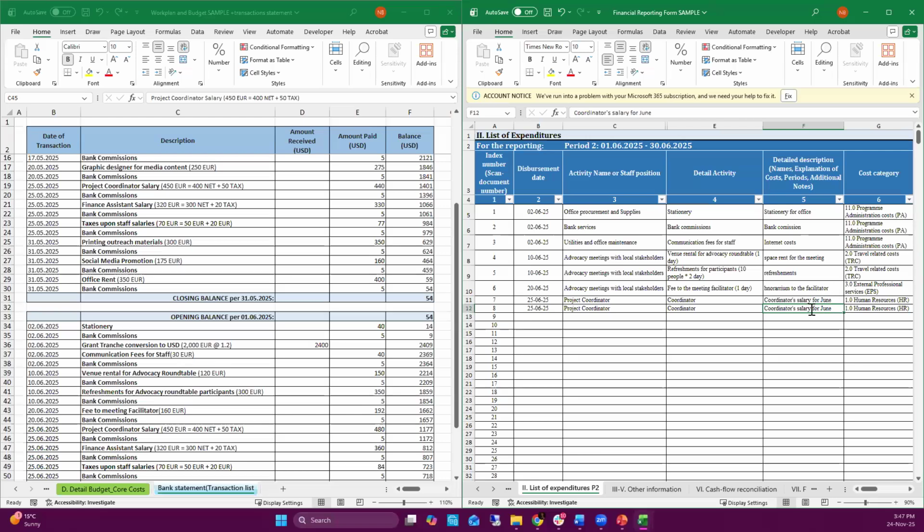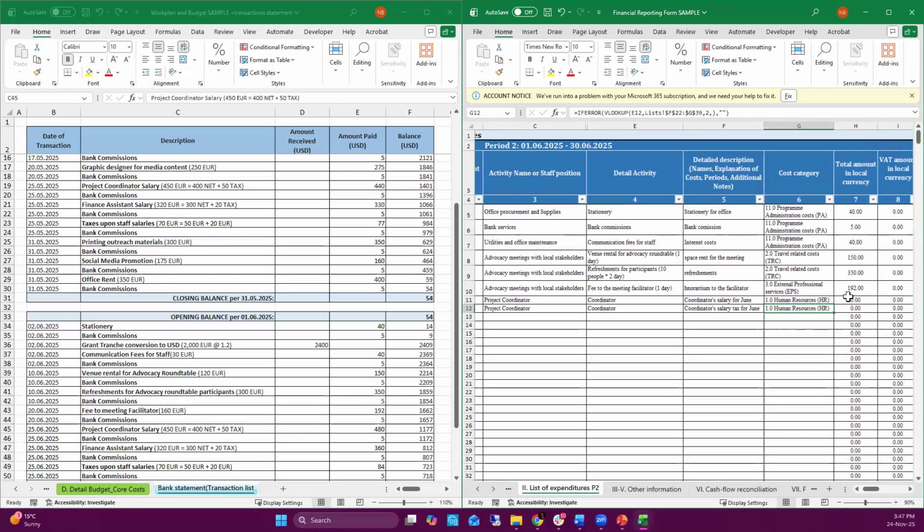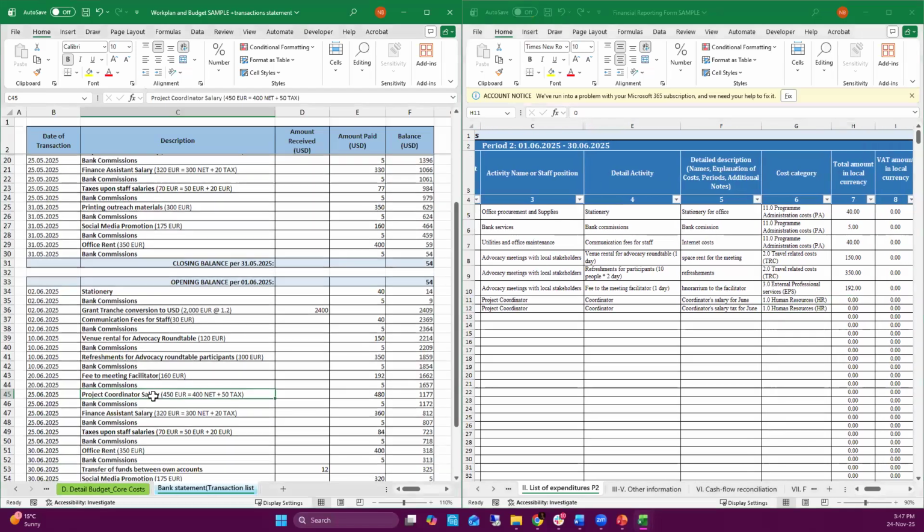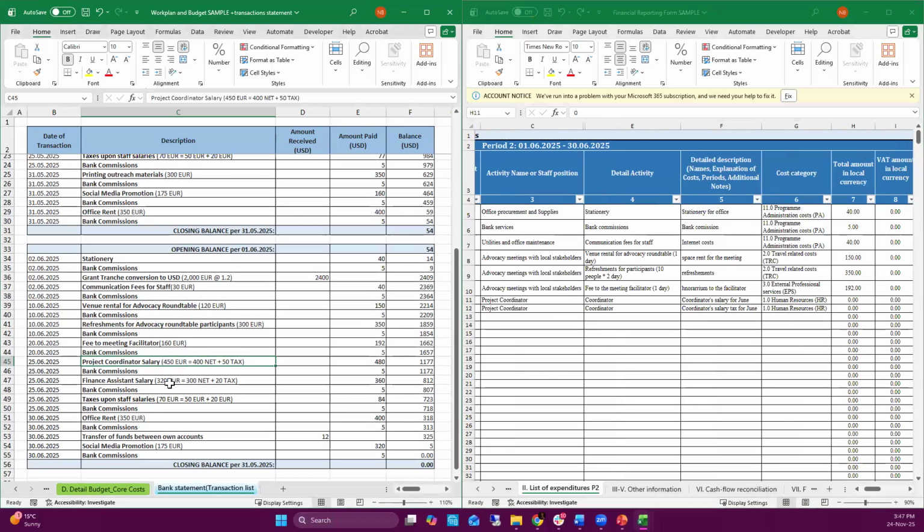Separately, we pay the person and separately we pay the tax, which we indicate here in the description. And since in euros they have the same salary, but since we have a new rate, the amount in this second period will be different in USD. So it's 480 and the tax will be 60.